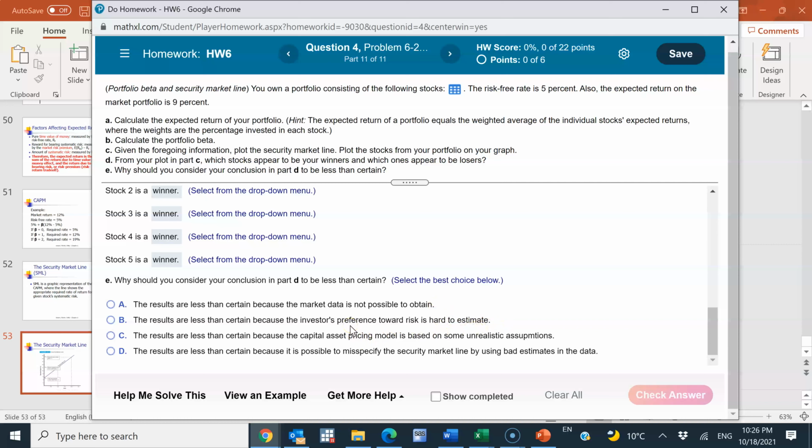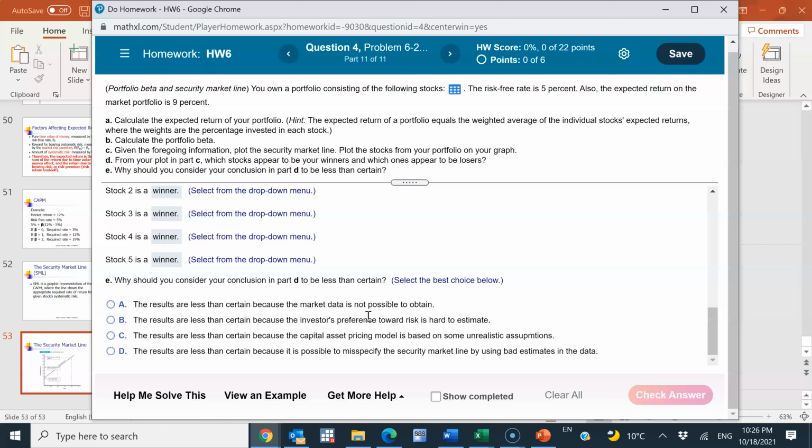The place where investors' preference toward risk, which means the risk tolerance or risk aversion, matters is when deciding how much of the risky portfolio to hold and how much of the risk-free portfolio to hold. What's the weight on each? That's when we need the investors' risk tolerance level.